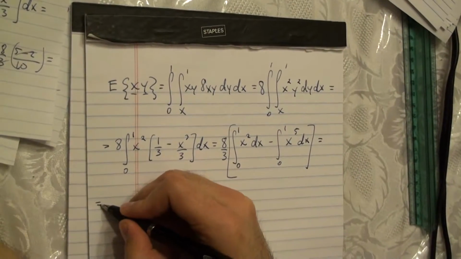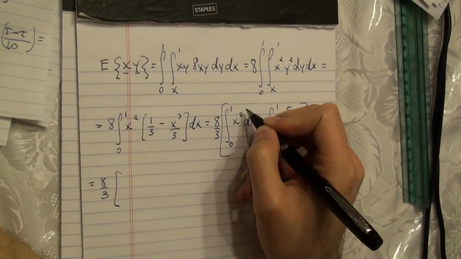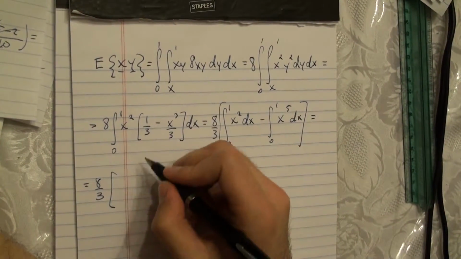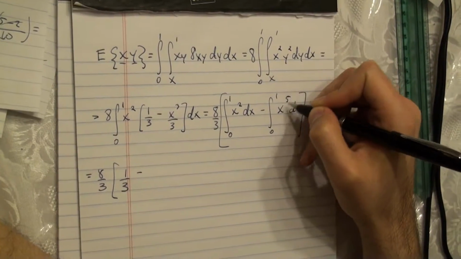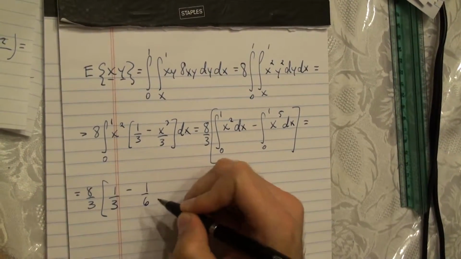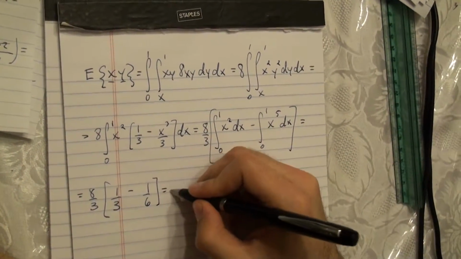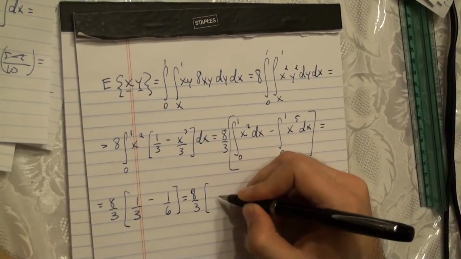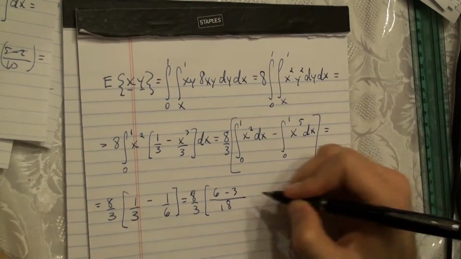So we have here the 8/3 common factor. X squared becomes x cubed over 3. Between 0 and 1 becomes 1/3. This becomes x to the 6th over 6 between 0 and 1, which becomes 1 over 6. So find the common denominator. So we have 6 minus 3 over 18.